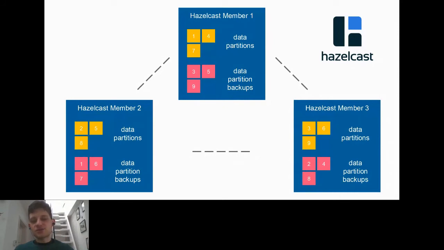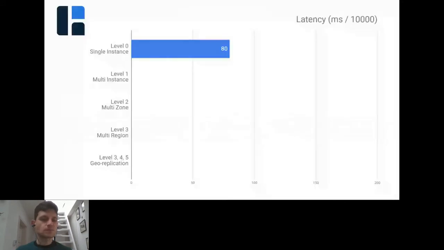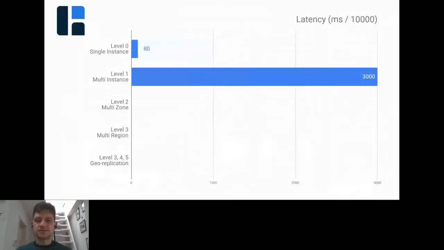Before I answer this question, I did another latency experiment. This time I ran Hazelcast on 3 machines, and I measured again the latency of read-write for the synchronous case. So the backups are done synchronously, so we keep the consistency in the cluster, and the result was like this.